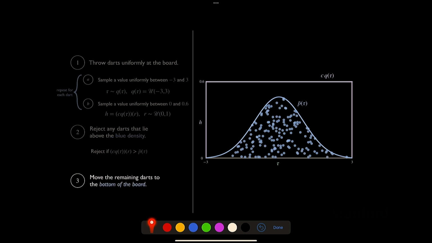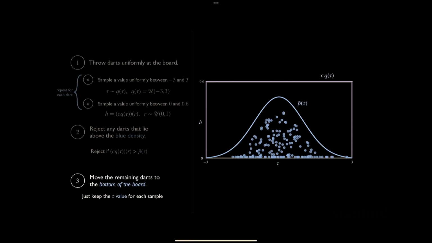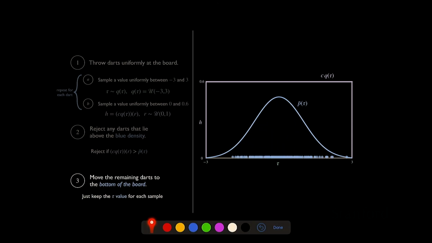And then finally, we move all the remaining darts to the bottom of the board. In order to do that, we just want the value on this axis. We don't care about their height anymore. So all we do is keep around the tau value of all of the samples. And that's how we get our final samples. So now we have a bunch of samples of tau, which is what we were trying to get, which are the samples from the target distribution.